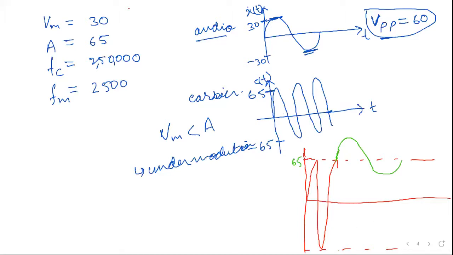So actually I have done this here very well. Did you understand what I am doing? This is the carrier signal, and this carrier signal will go up to this much.